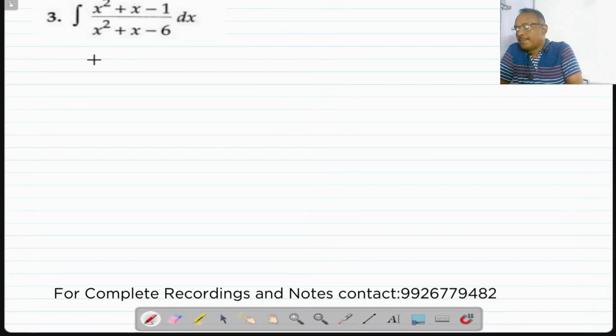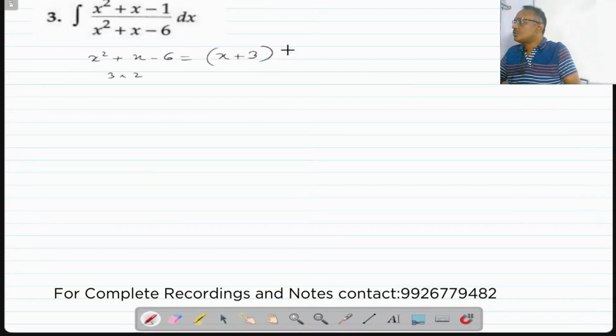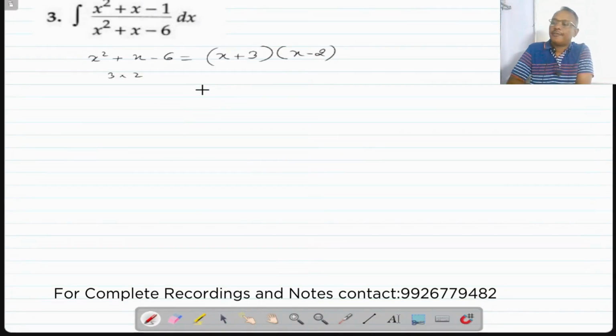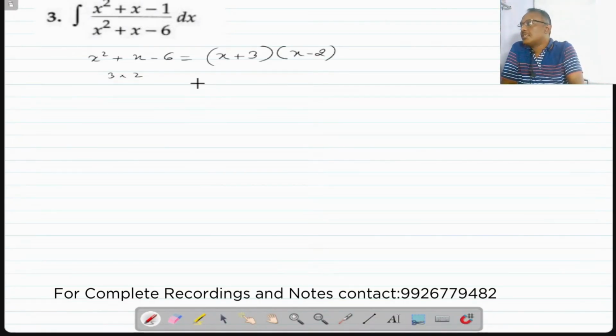X square plus x minus 6 is 3 into 2. Is this not x plus 3, x minus 2? ब्रैकेट खोलो, यही मिल रहा है क्या फैक्टर्स. So this is reducible factor.